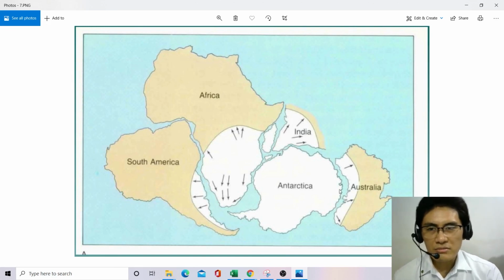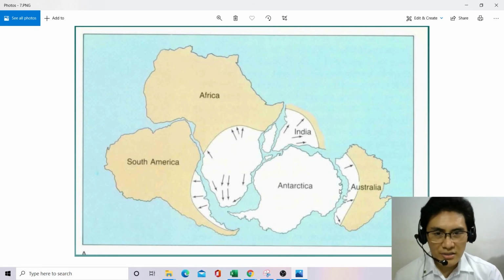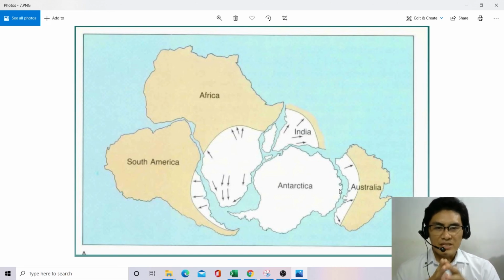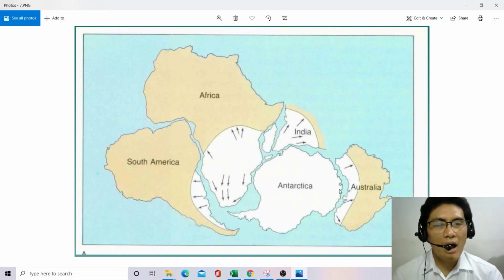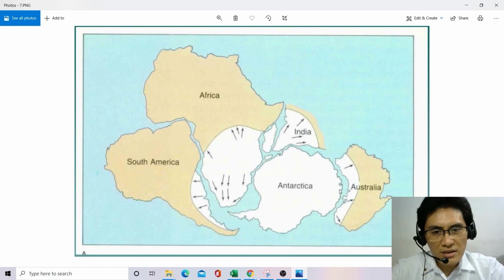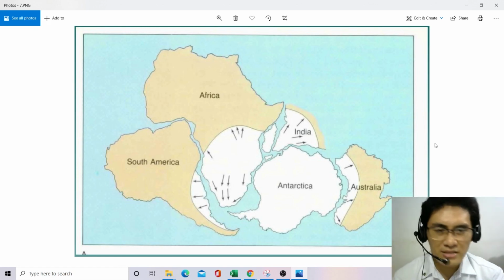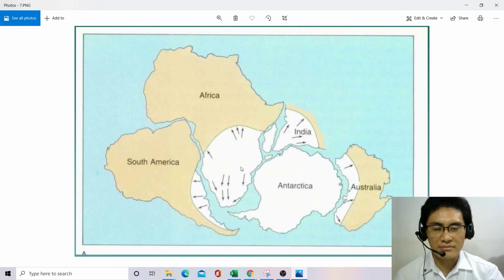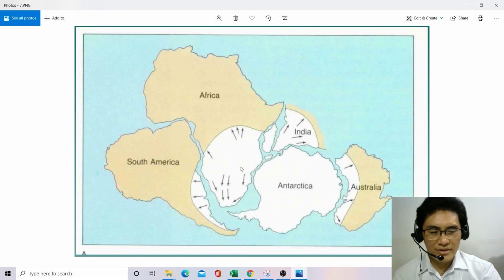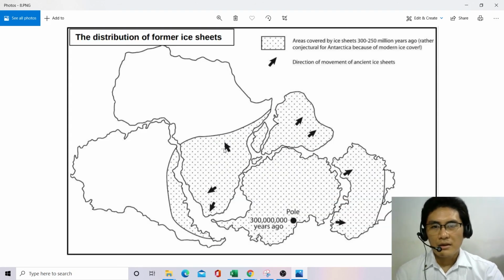And those scars, we call them tillites, give us a hint of how the glaciers were moving, and in turn informs us that all of these continents were actually connected. Okay, so that's an additional one to the evidence for rocks. This is also demonstrating the same thing. It's looking at the ice sheets.